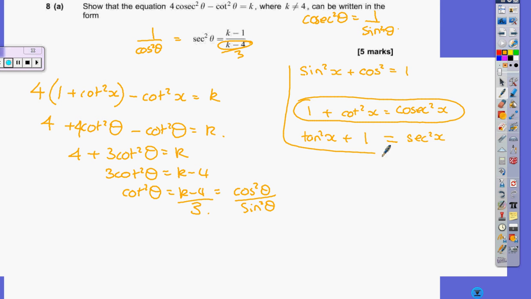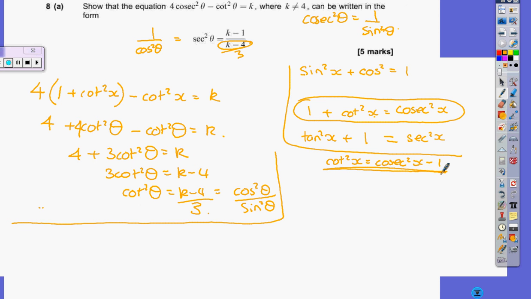So I suggest, let's try and do exactly the same thing as we've done here, but using this formula, we're going to do cot squared x equals cosec squared x minus 1. We're going to use this version. Sub it into the original equation. So I've got 4 cosec squared theta minus cosec squared theta minus 1 equals k.